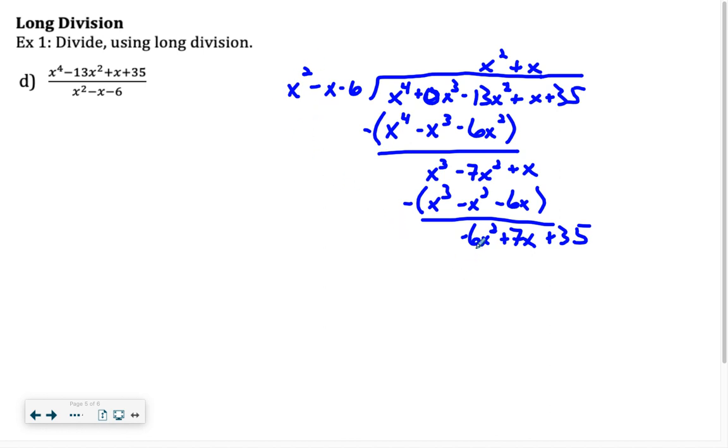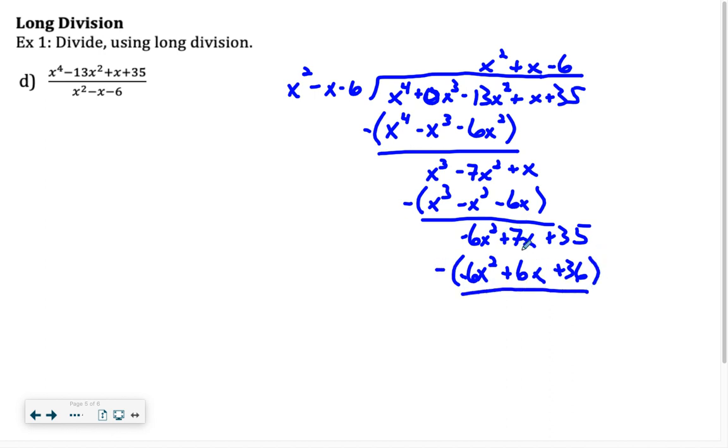X squared times negative 6 would get me negative 6x squared. So multiply negative 6 times each of these. We'll get negative 6x squared plus 6x plus 36. And I am subtracting.